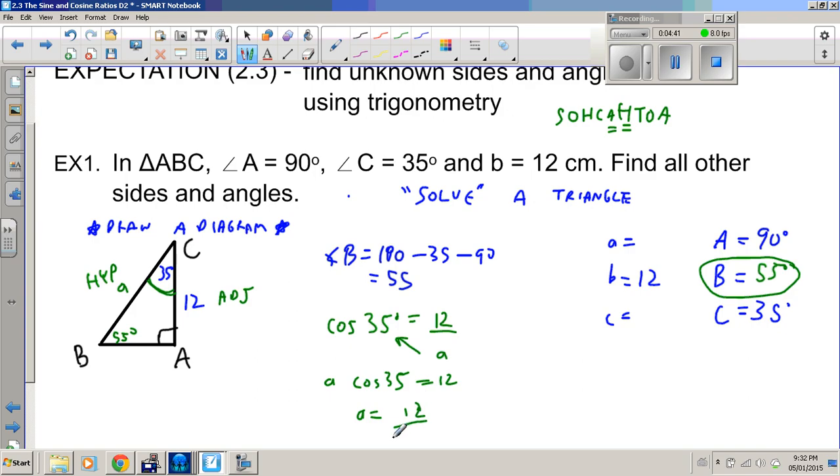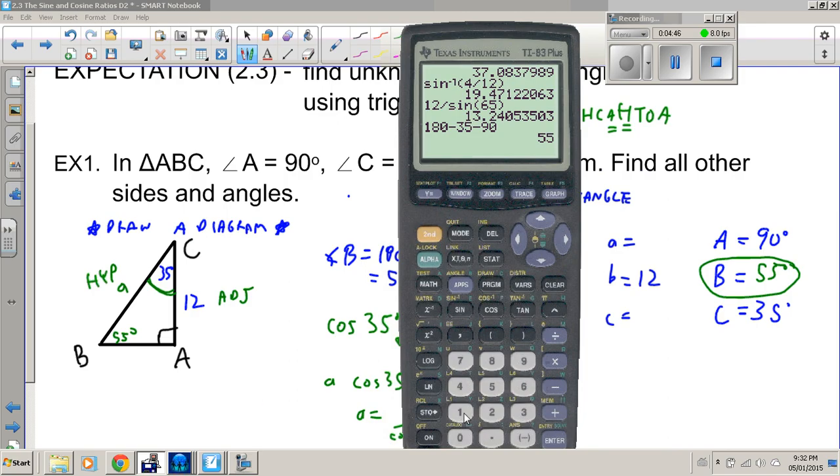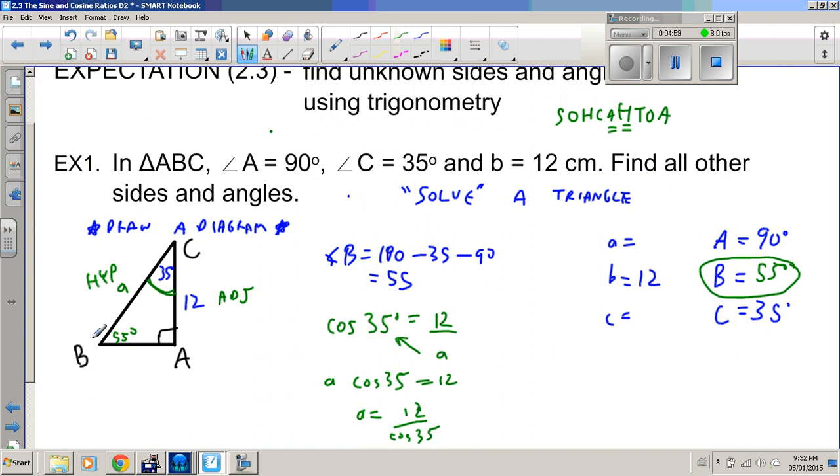And I end up dividing. And so that gets clunked into a calculator. 12 divided by the cosine of 35 degrees. And it should be a longer side than 12. For 13.4.